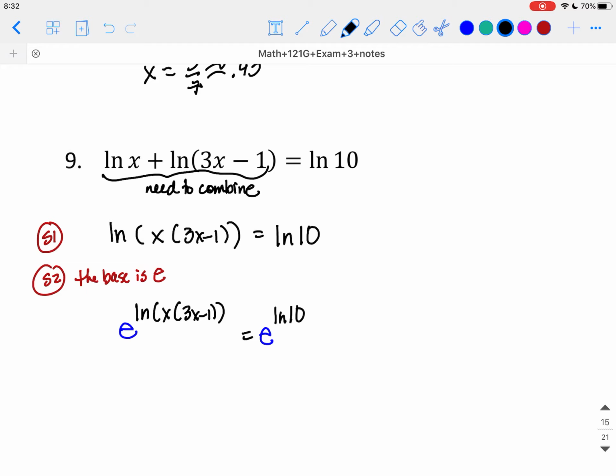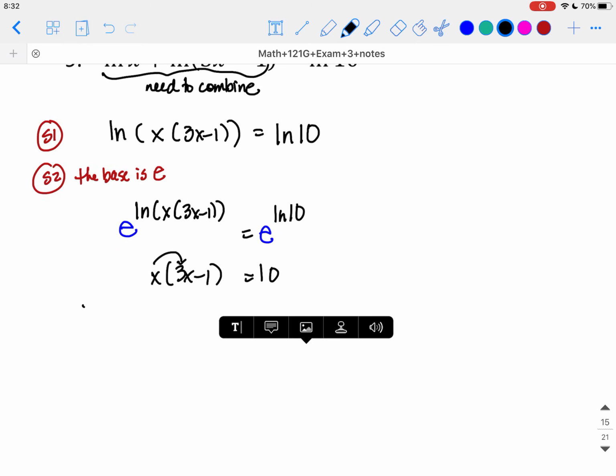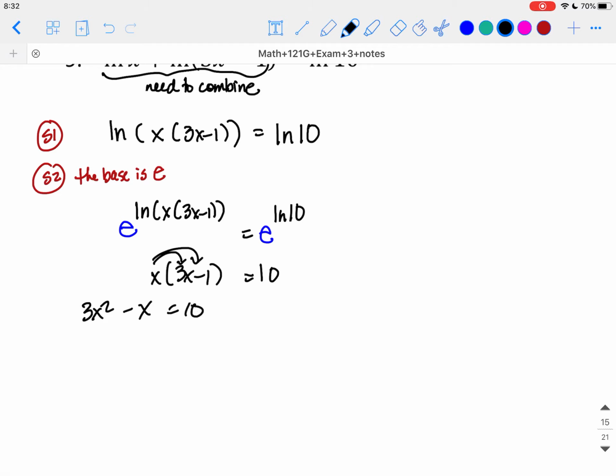And again, on the left-hand side, the e and the ln are inverses of each other. So on the left-hand side, I'm just going to be left with x parentheses 3x minus 1 is equal to 10. And so using the distributive property, we're going to have 3x squared minus x is equal to 10.